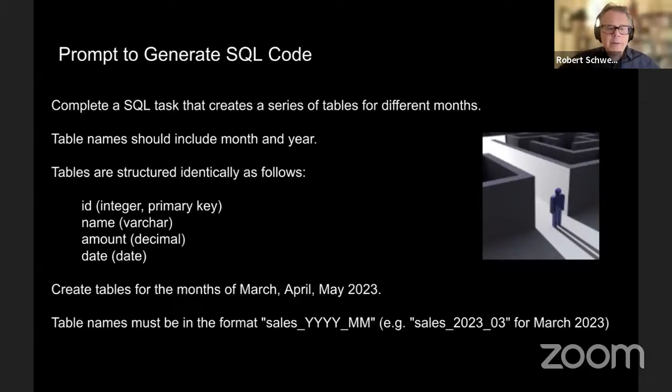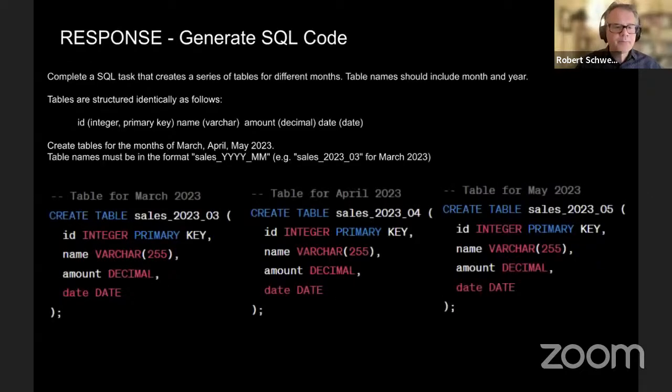And we may request that the table names be in a specific format. So imagine it's sales_2023_03, that is, say, for March. That would give an example of how one wishes ChatGPT to list the table names.